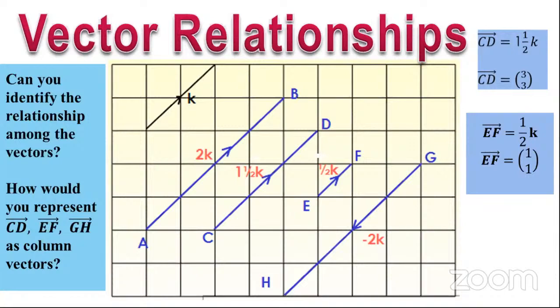All right, so let's look back quickly. If vector k is 2, 2, and we are multiplying that by negative 2, what would our answer be? All right, so Gabriel is saying negative 4, negative 4. Deja, negative 4, negative 4. All right.